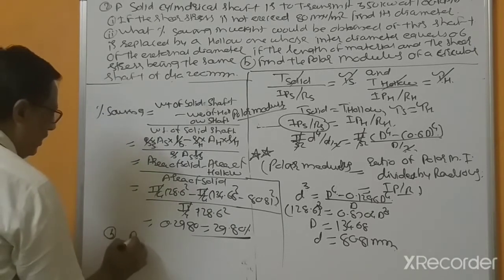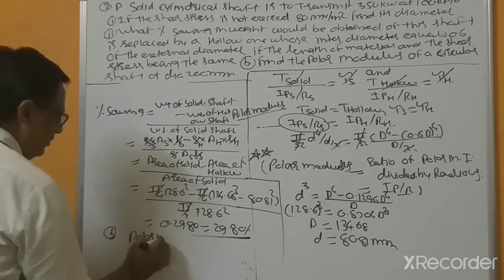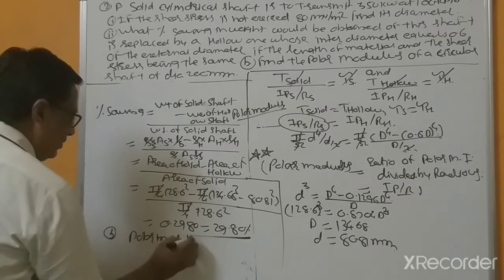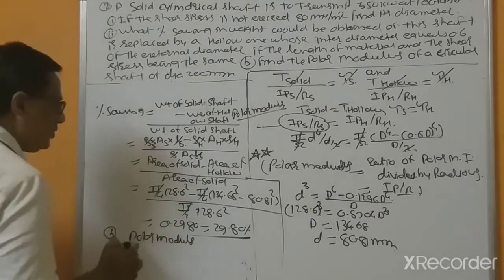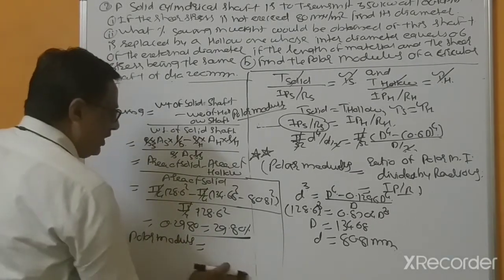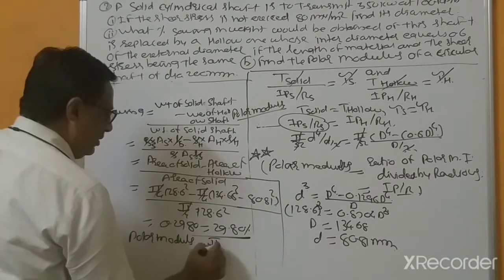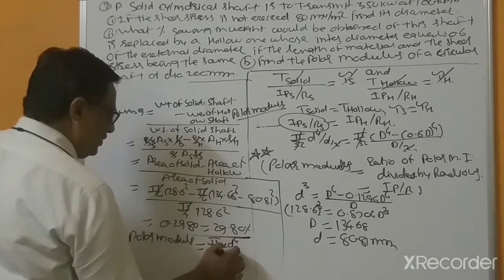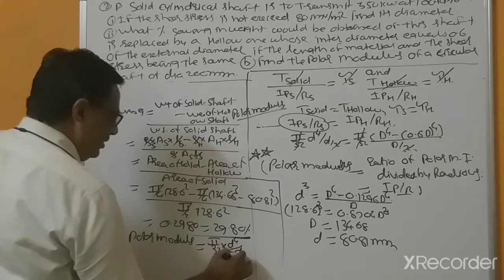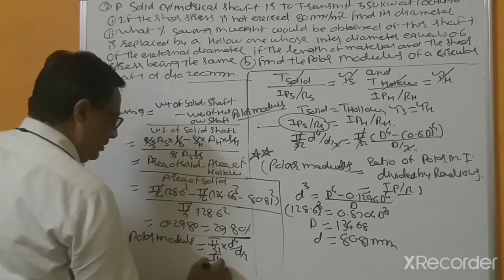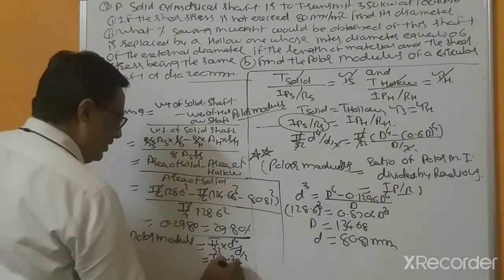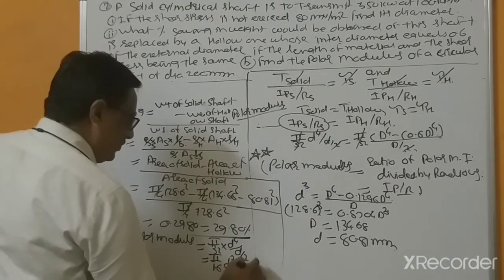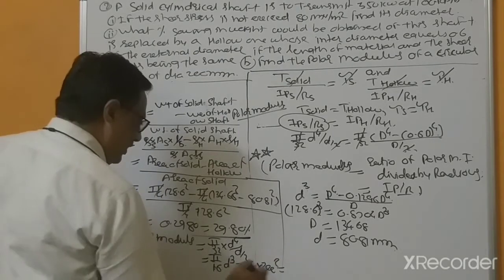So second bit, polar modulus. Polar modulus equal to, as we know, formula pi by 32 d raised to 4 divided by d by 2, means this is pi by 16 d cube, and this is given 200.